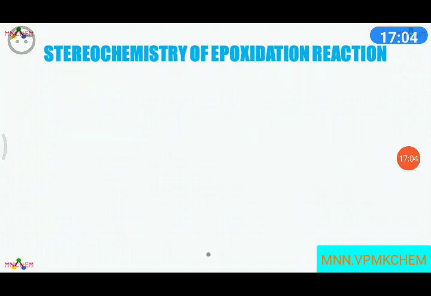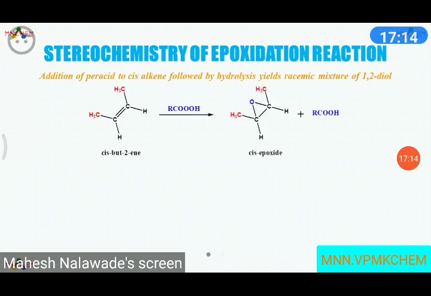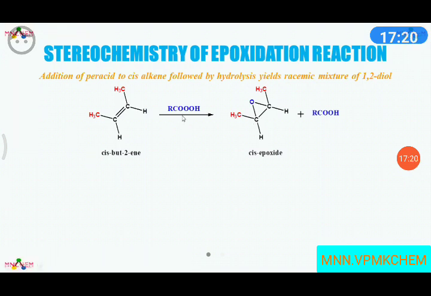So consider example of a cis alkene. When I take cis-2-butene and do the epoxidation reaction using organic peracid, I will get cis epoxide.